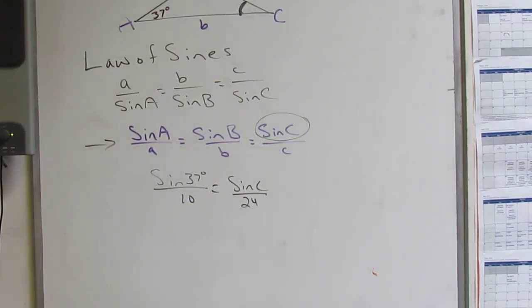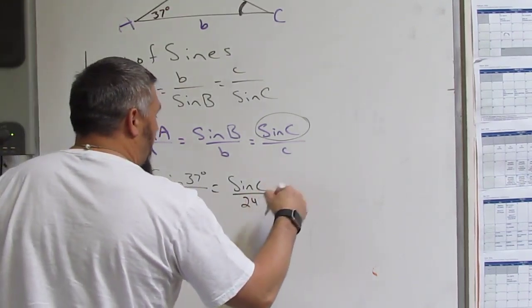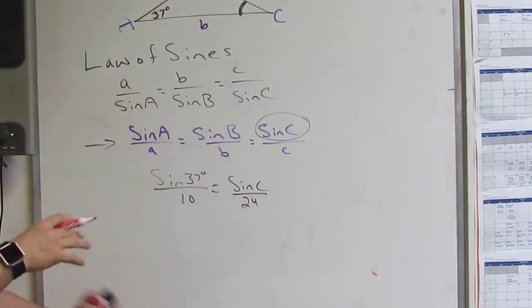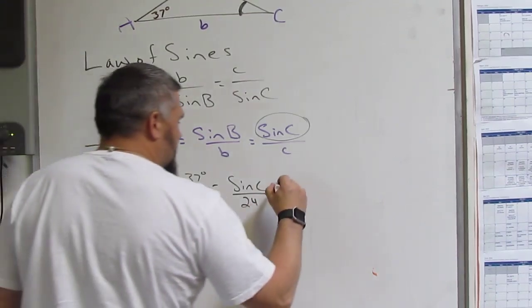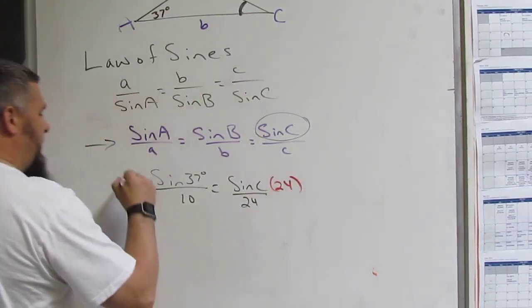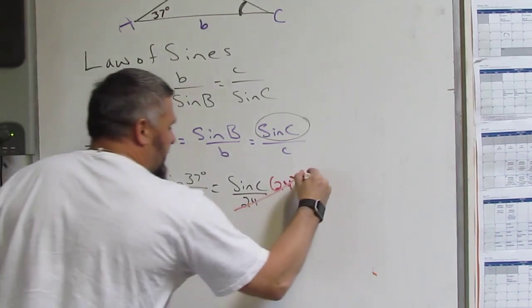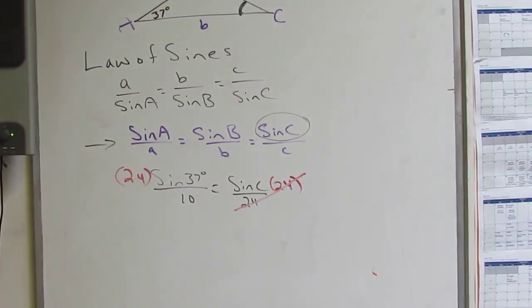What am I going to do? Inverse? Not quite yet. First we have to get this by itself. Okay. Cross multiplication. We could cross multiply and then divide by 10, or just multiply by 24. And that gets sine C by itself.